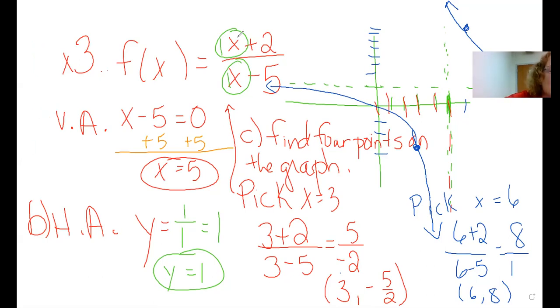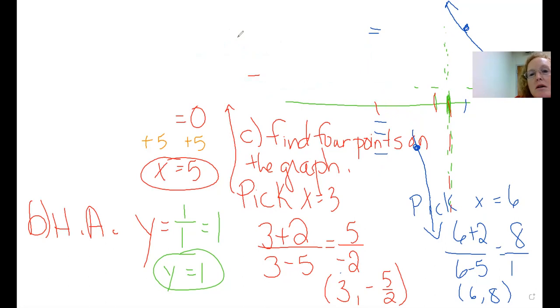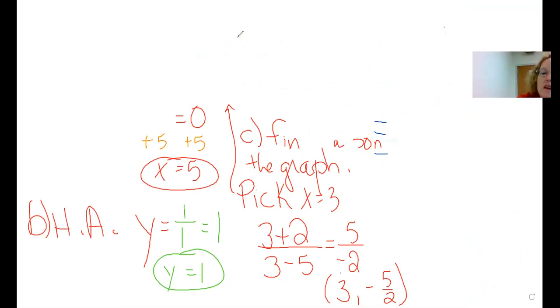So let's do one more. And I'm going to pick this next one because it is a bit tricky on the horizontal asymptote.